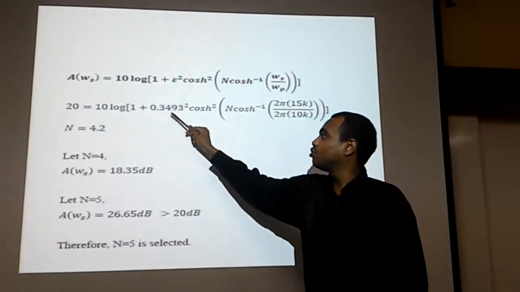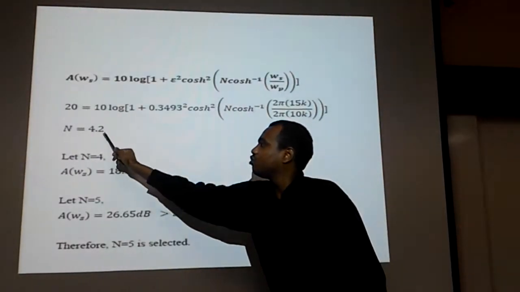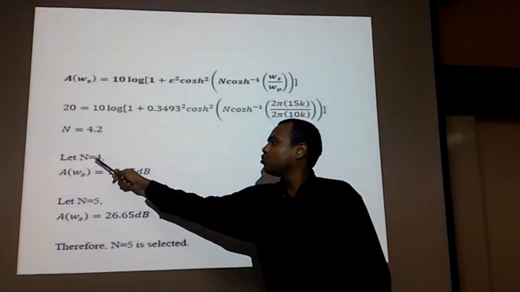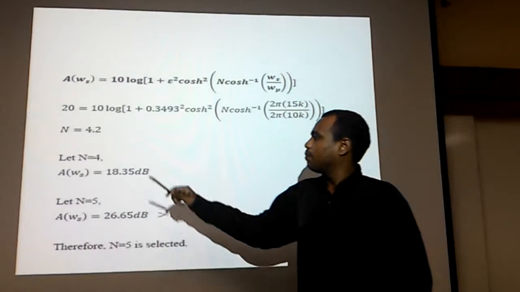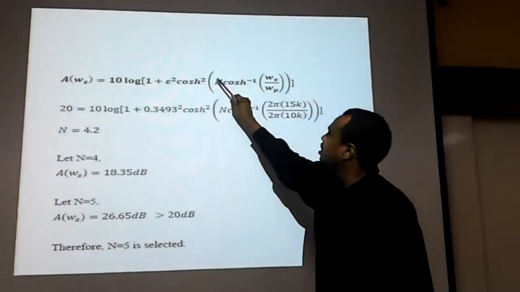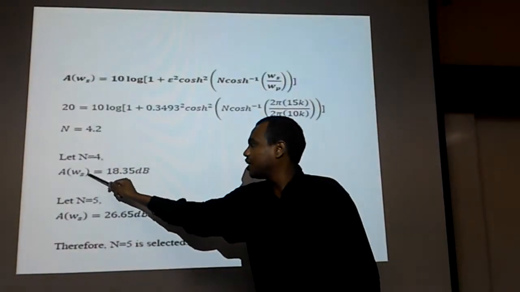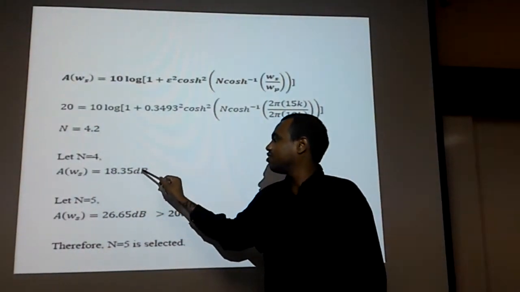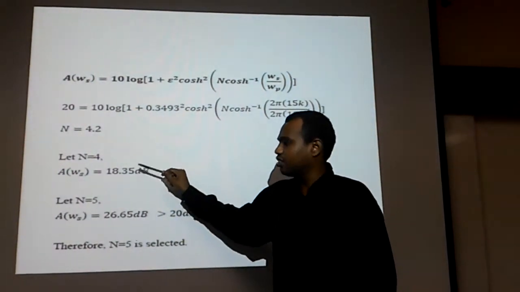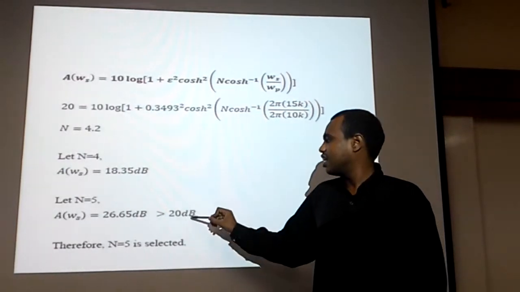After we substitute epsilon equal to 0.3493 in this equation, we find that n equals 4.2. We assume n equal to 4. But when we substitute n back in this equation, we find that A omega s equals 18.35 dB. This value is less than 20 dB.